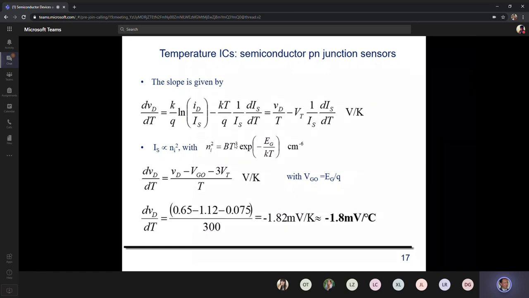So we can also consider it as 1.8 millivolts per centigrade, okay? It is negative. That means that globally, the voltage will decrease if you increase the temperature, okay?